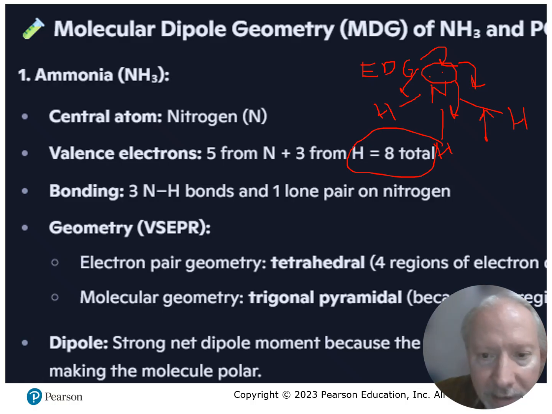If we think about the EDG, we have 1, 2, 3, 4 regions of electron density around nitrogen. We spread that out evenly. It can be anywhere from 109 degrees to about 105 degrees. Remember, because this is a lone pair of electrons and not a bonded pair that is shared, it's more repulsive and shrinks the angle. It has stronger repulsion than the electrons in a bond. So it influences the geometry just a tad bit more.